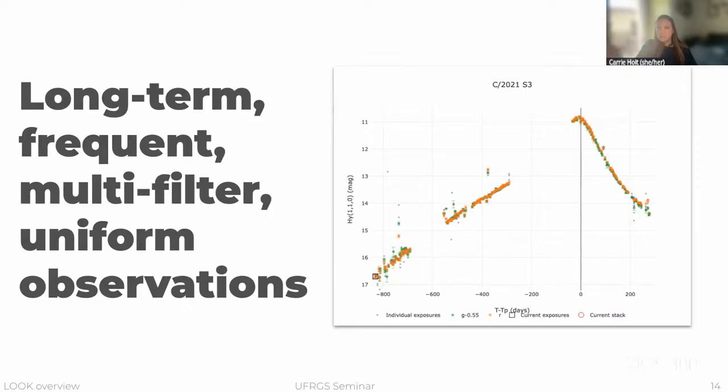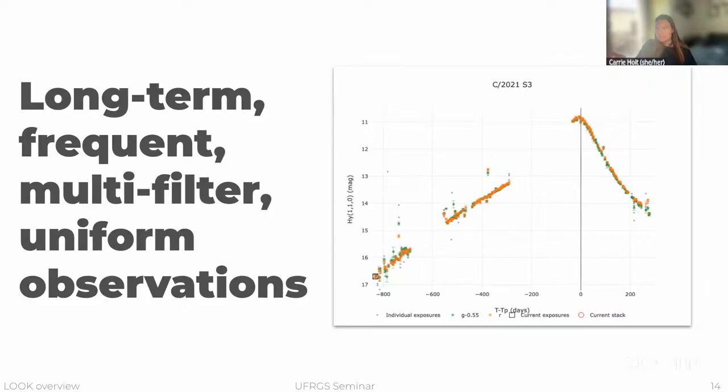So this comet, you can see, is being tracked from 9 AU all the way into, I think, 2 AU. And this has hundreds of observations over several years.